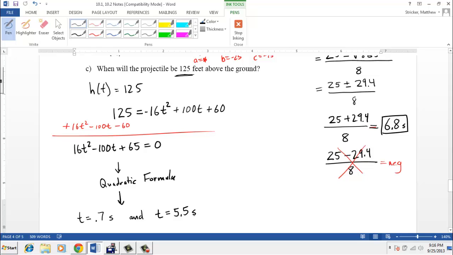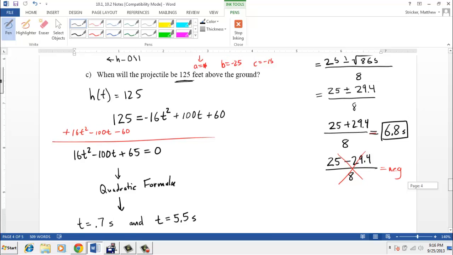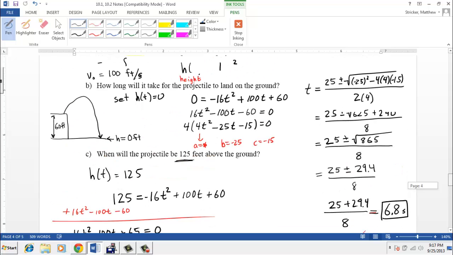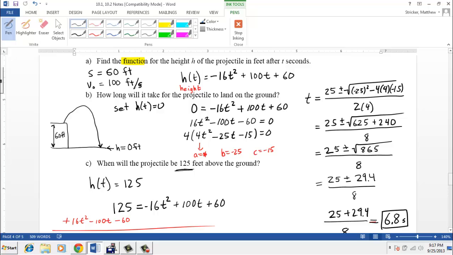So I'm going to leave you to go ahead and try to come up with those answers, but basically the reason why there's two answers, and we're going to keep both of them because they're both positive, is that when it gets up to 125 feet, it's going to hit that in two places. Say if this right here is 125 feet, and I know this isn't to scale, it's going to hit it on the way up, and it's going to hit it on the way down. It's going to hit it in two spots. So that's the reason for the two answers.